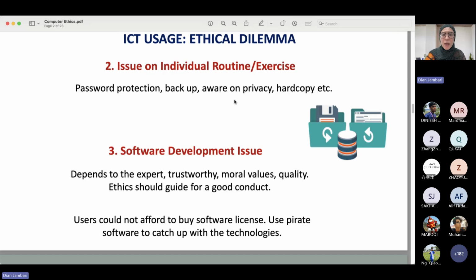Another example of a situation where we can be in an ethical dilemma in the context of software development is when users cannot afford to buy a software license, hence they use pirated software to catch up with the technologies. And the user in this example is us as the developer.